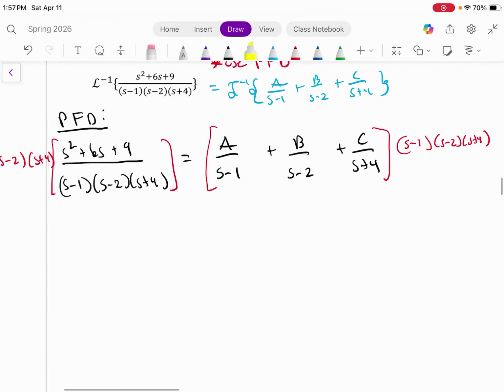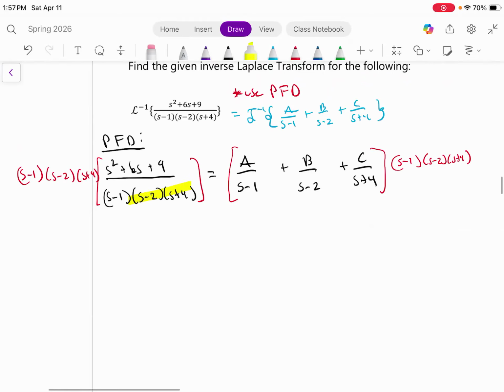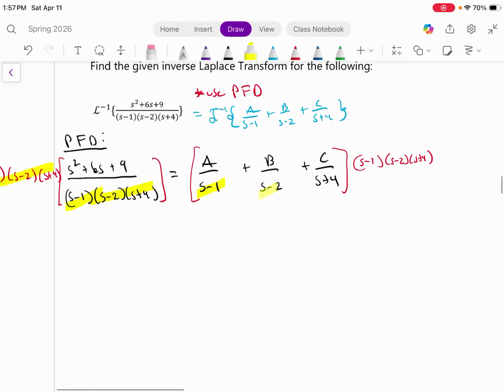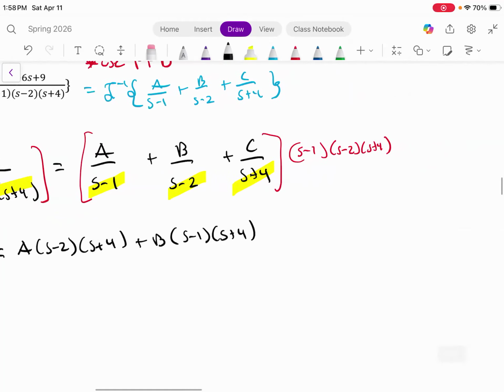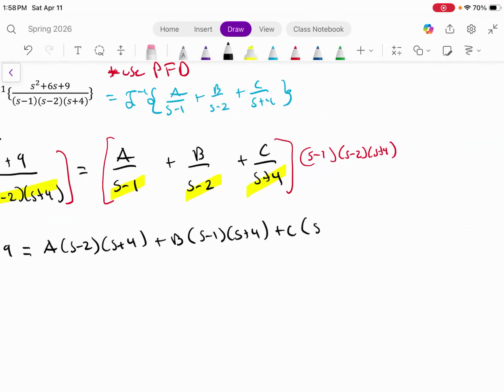When we do that, the denominators all go away on the left-hand side, and on the right-hand side what we are left with is s squared plus 6s plus 9 equals A times (s minus 2) times (s plus 4), plus B times (s minus 1) times (s plus 4), plus C times (s minus 1) times (s minus 2).